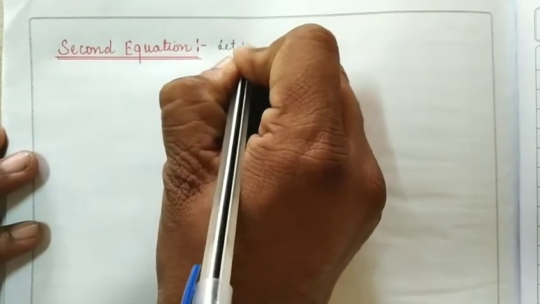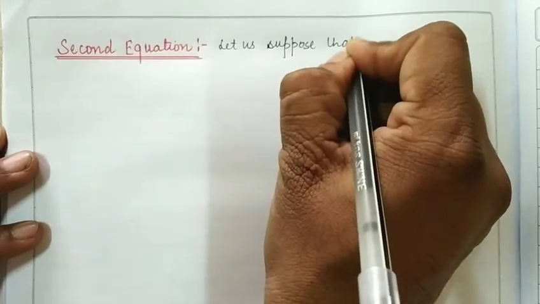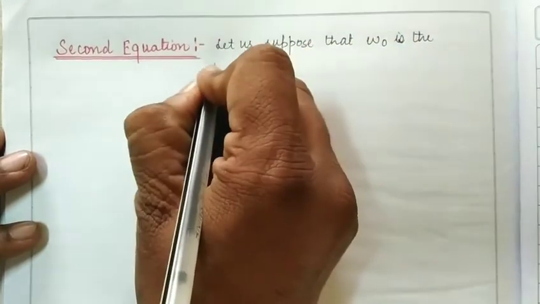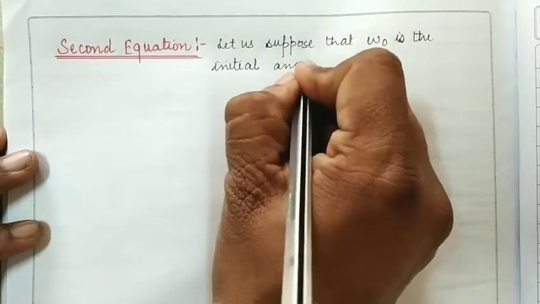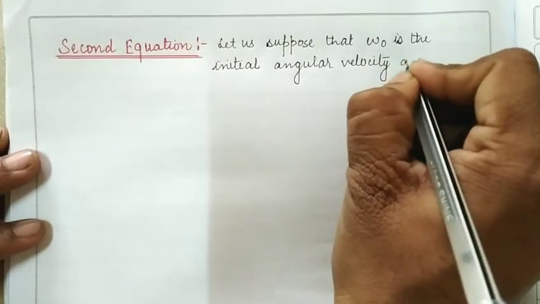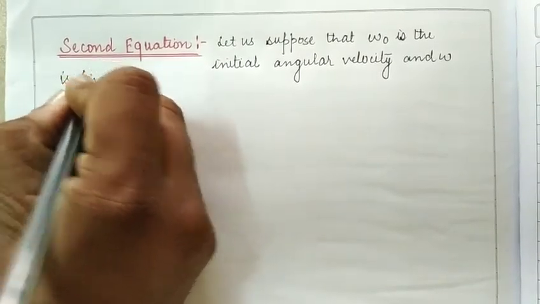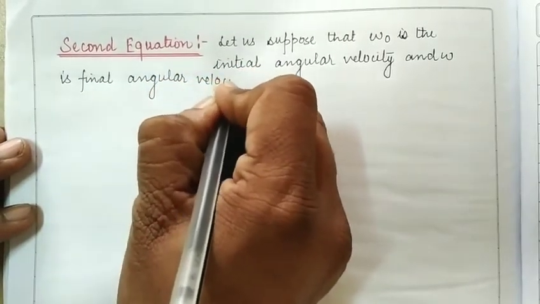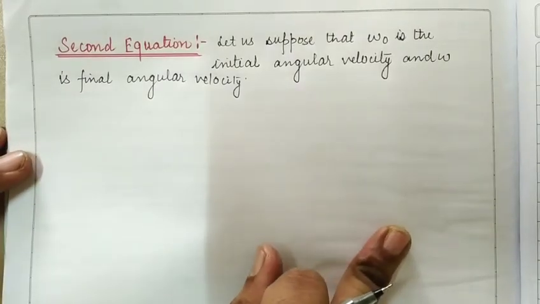Let us suppose that omega naught is the initial angular velocity and omega is the final angular velocity. Yes students, what we have considered here is omega naught as the initial angular velocity and omega as the final angular velocity.